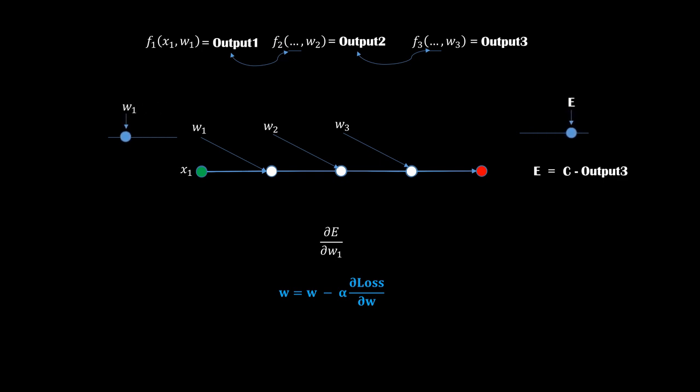Remember, at the beginning of the video, I told you to memorize this formula. Now the question is, by how much should we change weight 1? The chain rule appears directly in this formula, so we can use it to update the weights. Isn't that interesting?